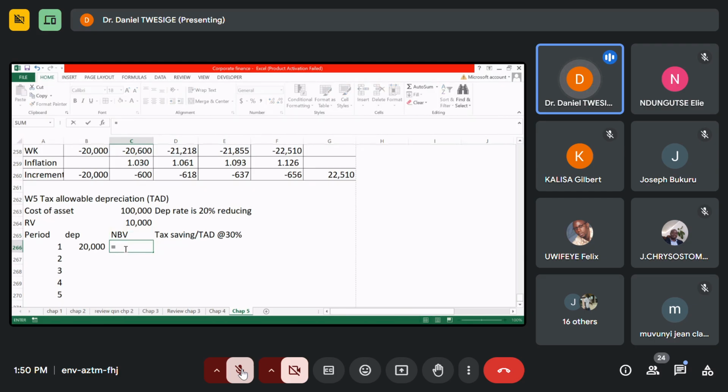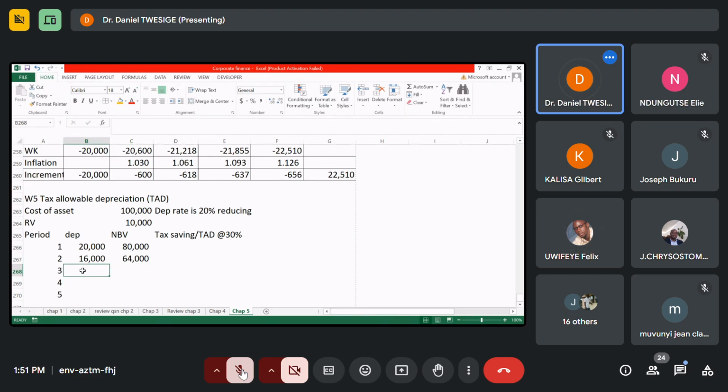My net book value will be 100 minus this. Now, in the second year, I calculate depreciation on the net book value. It will be this times 20%. So here I will have 100 minus this.